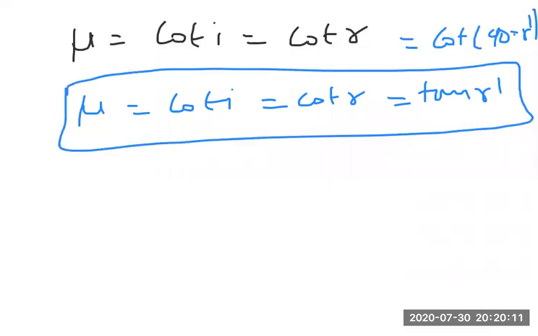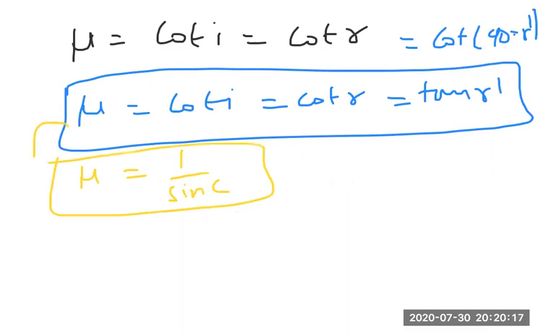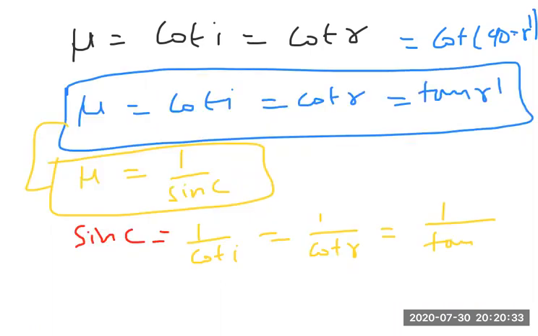And again we said that mu can also be written as 1 by sin c. So from these two expressions I can write sin c is equal to 1 by cot I, or 1 by cot r, or 1 by tan r dash.